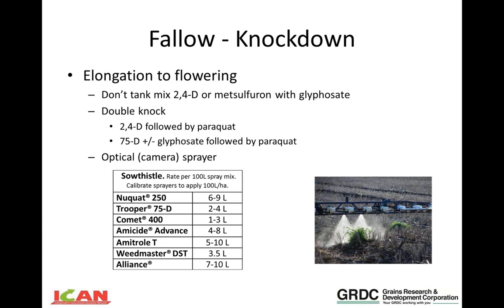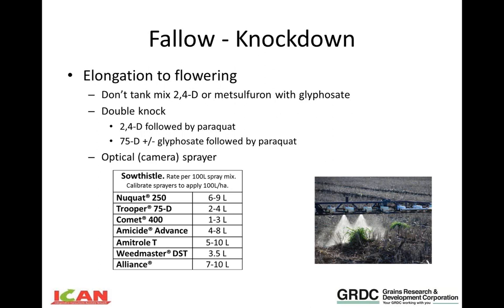So I would advocate using the double knock as often as you can to stop seed set. The other thing is to avoid your 2,4-D or metsulfuron mixtures with glyphosate, because of antagonism, which is commonly known.